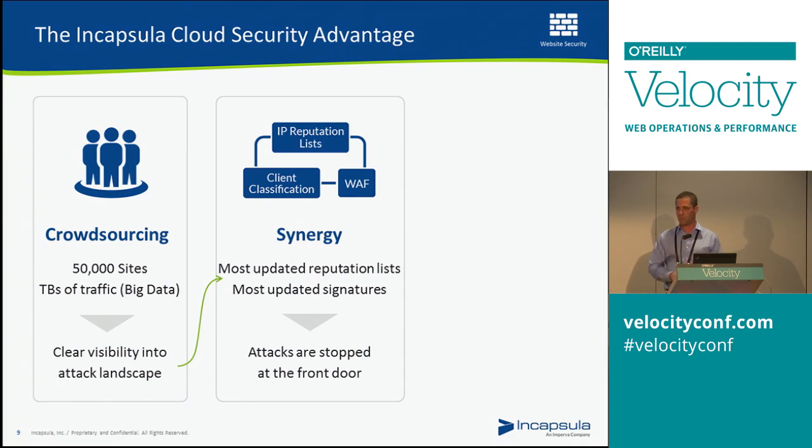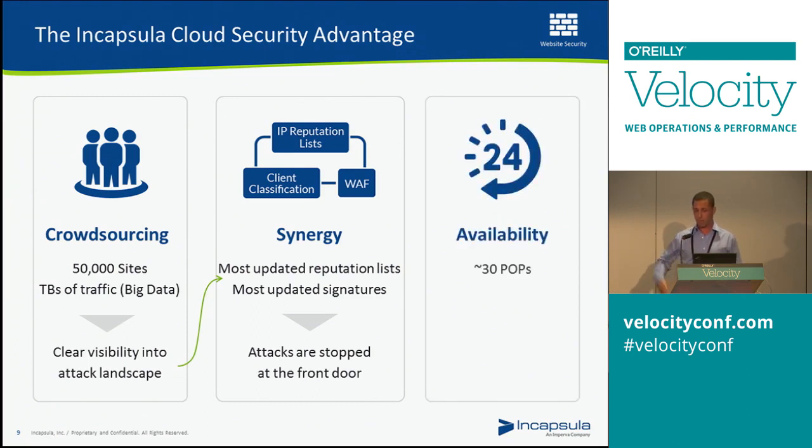We classify them on the fly using JavaScript injections or other techniques. So it allows us, most of the time, to just stop attacks at the front door without even having the WAF intervene in most cases.